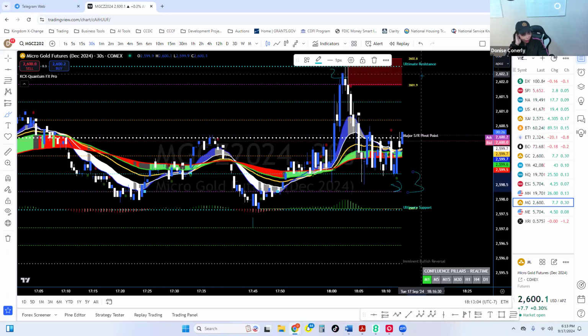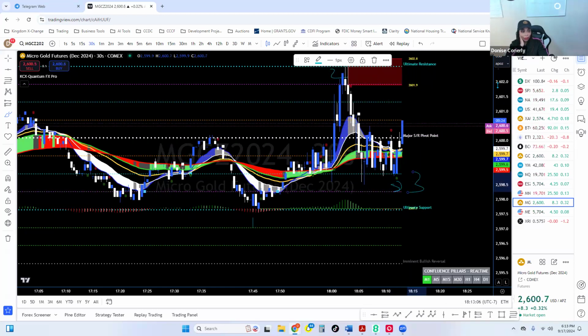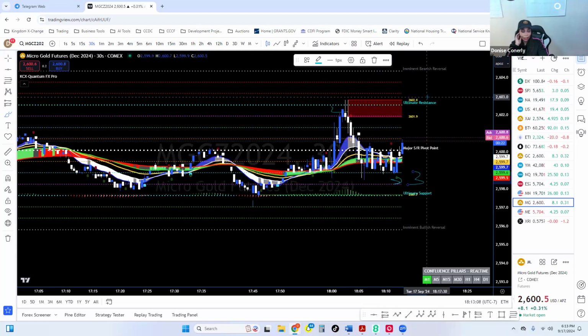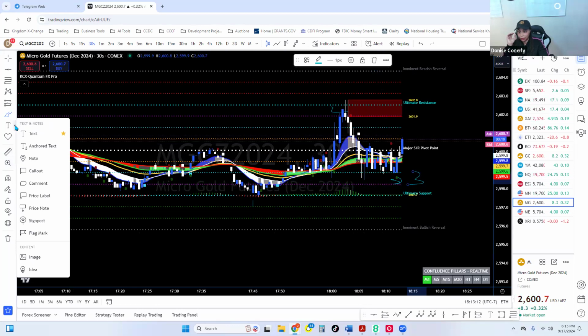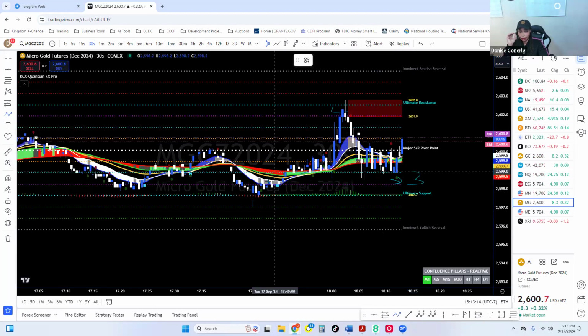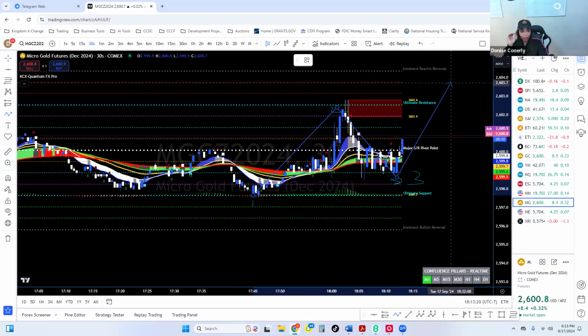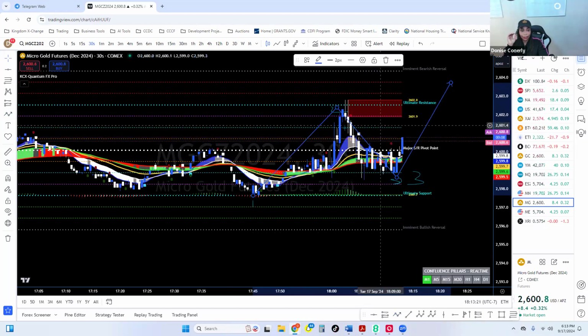And then we're looking for 4. If it makes a higher high here, that for me would be my confirmation that I can depend on it continuing. If it goes up again here, that would be my 4th point.